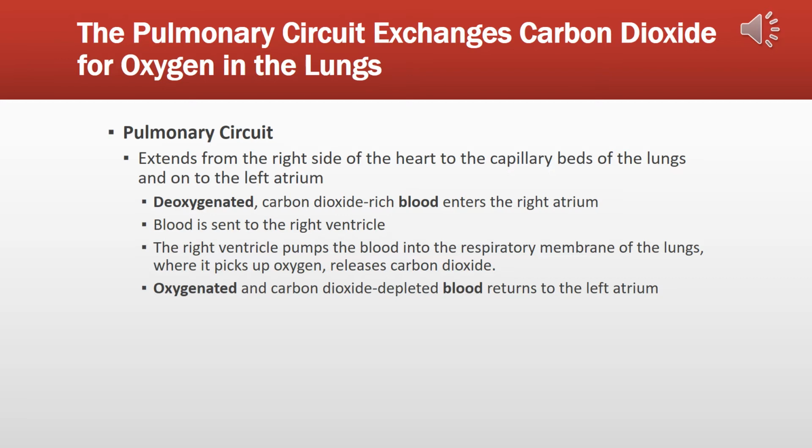And like we've said before, the right ventricle pumps the blood into the respiratory membranes of the lungs, where it can pick up oxygen and release carbon dioxide back into the atmosphere. The now oxygenated but carbon dioxide depleted blood then returns to the left atrium, and this completes the circuit.